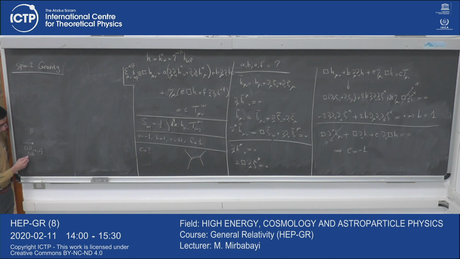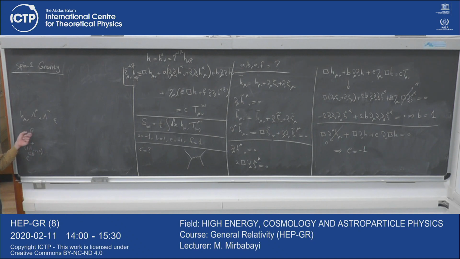So you want to gain a phase e to the 2i theta, and then you can ask what tensor field you need, so that if you apply lambda mu alpha, lambda mu beta on this field to get the new field, the particular polarization you are interested in rotates by e to the 2i theta.